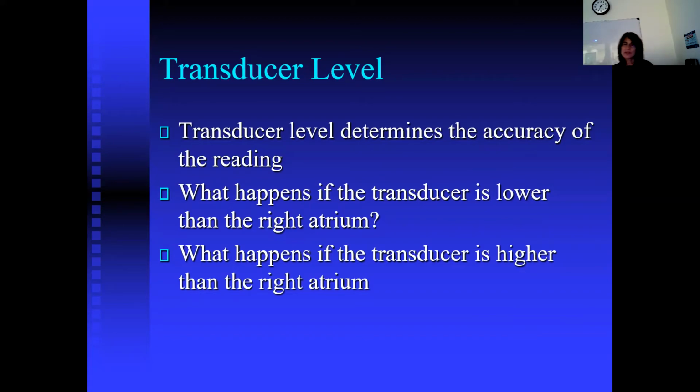So I wrote, if the transducer is lower than the patient, this will cause a higher than actual blood pressure reading. So what's a good way to remember it? Transducer low, pressure high. Okay, and then the opposite. Transducer high, patient low, you're going to have a low blood pressure reading.